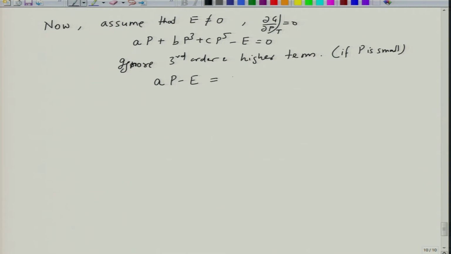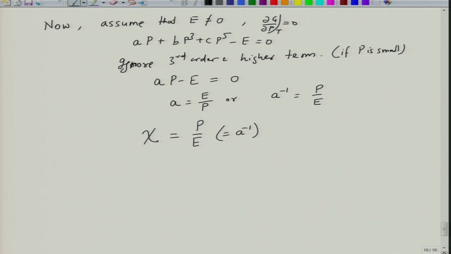What it means is that we have A being equal to E divided by P, or we can say A inverse is equal to P divided by E. And what is P divided by E? P divided by E is nothing but the susceptibility. So, this is the susceptibility of a ferroelectric in the linear region, that is chi is equal to P divided by E, which is nothing but A inverse.